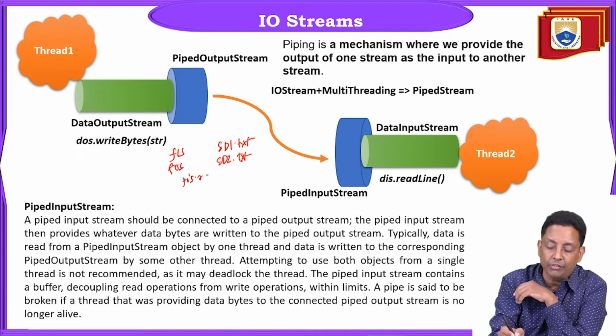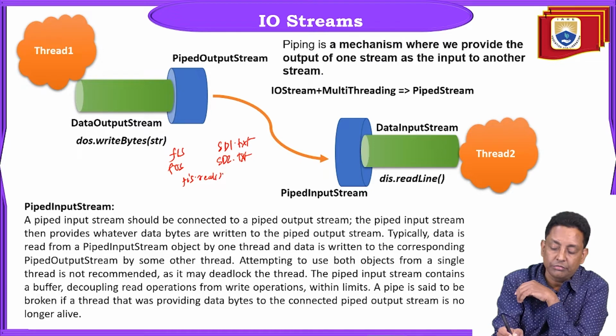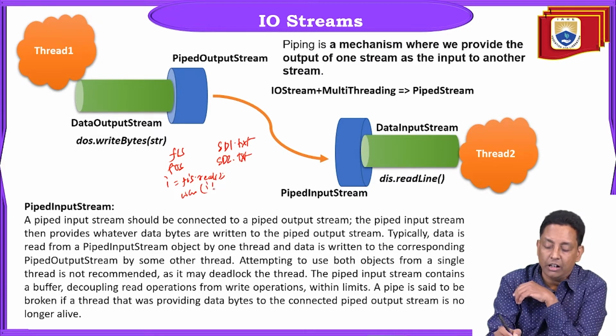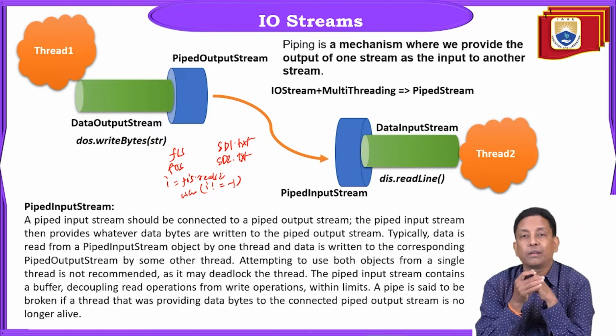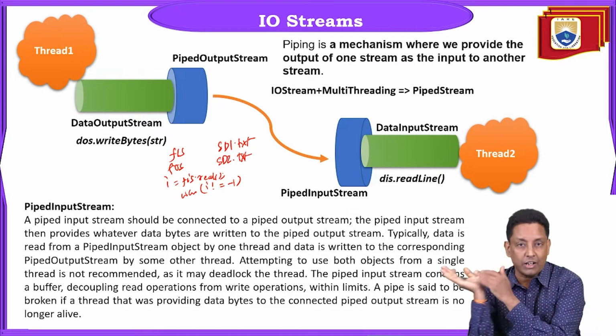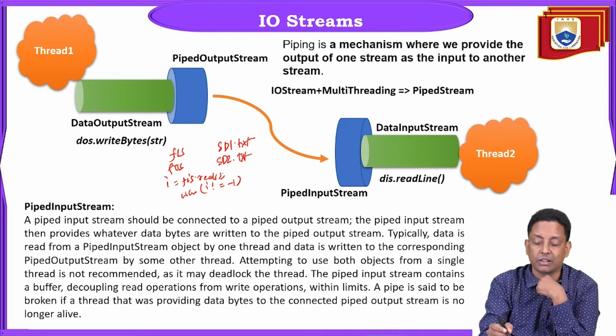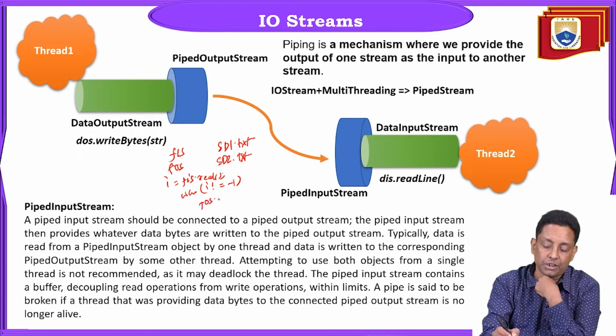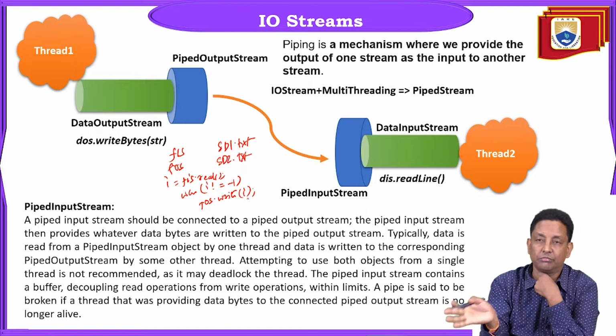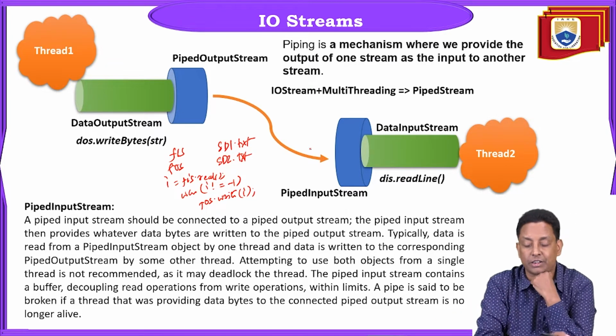From the file, we'll read one byte, we'll take an integer i and check while i is not equal to -1. That means if the stream has not reached -1, the end of the stream, then using file output stream, we'll write that byte into student details 2.txt.